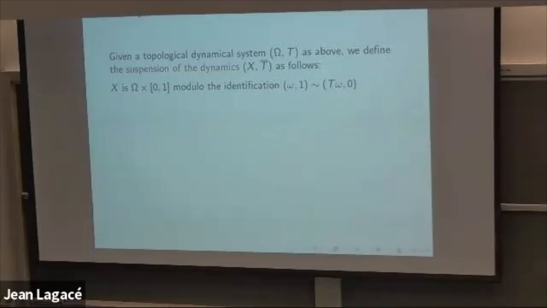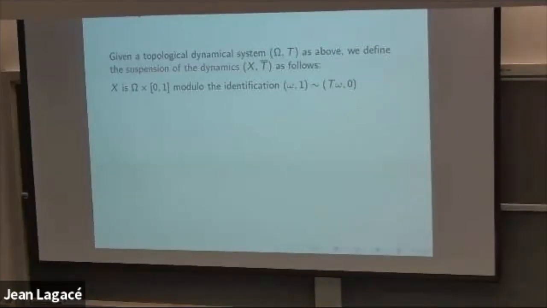Okay, at some point you reach the top. So this here is omega cross 0, and this is omega cross 1 in this product. So I will arrive at little omega comma 1. And that guy, I want to immediately, with no further time elapsed, send down here. In other words, I'm forming omega cross my interval, and then I have my big omega here, my big omega here, and then I glue it back down here, but twist it according to the dynamics, which some people refer to as the mapping torus.